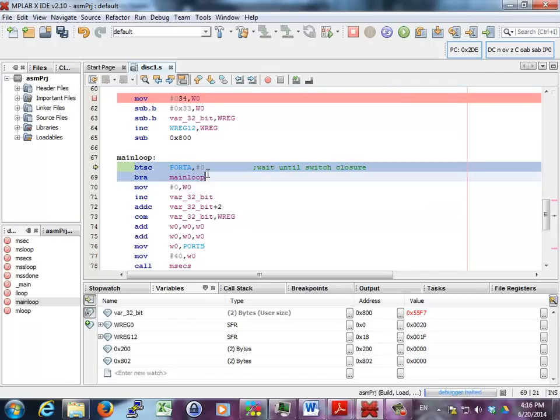And this loop says bit test port A number 0. So you're checking RA0 for being 0. If it is 0, bit test if clear, right? If it is clear, that bit, then skip the branch. If it isn't clear, then go back up to main loop and wait here, right?